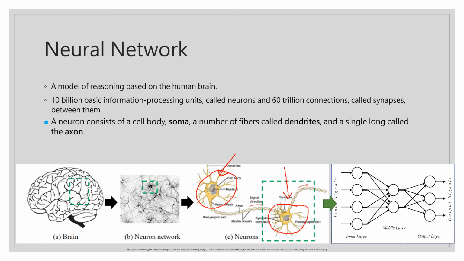If we repeat this behavior, drinking water by the bottle, we increase the chemical connection between these two neurons. And then finally we know that we can use the bottle to drink water, and this is how we as humans learn things.